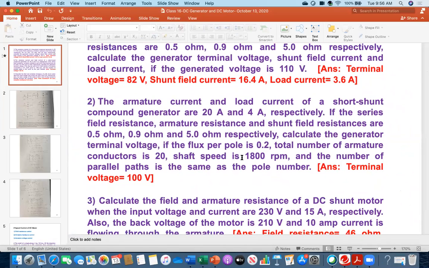If the flux per pole is 0.2, total number of armature conductors is 20, speed is 1800, and the number of parallel paths is the same as the pole number, then finally you should be getting terminal voltage result of 100. Let me know if you are getting that one.